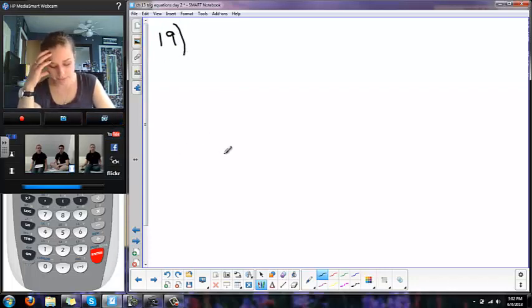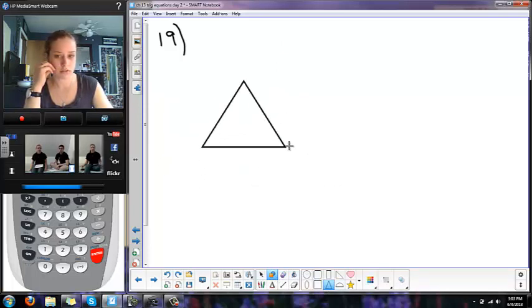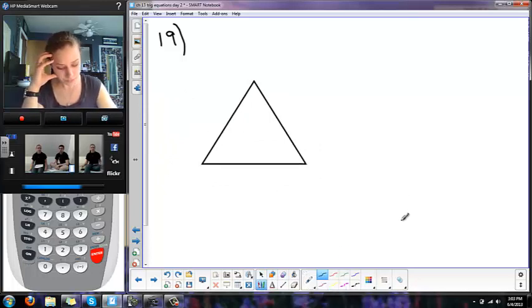Alright, number 19. Susan wants to build a garden in the shape of a triangle. So we always like to draw diagrams when we're doing stuff, just to help us. Okay, she wants to build a garden in the shape of a triangle. Two of the sides are 12 feet and 11 feet.